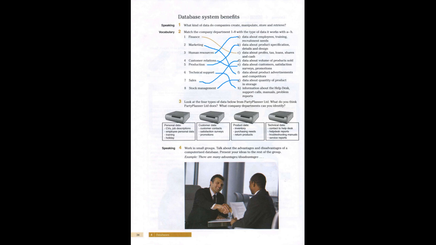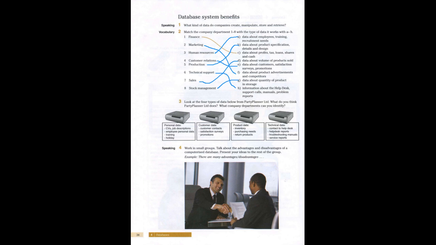Number 3, look at the 4 types of data below from Party Planner Ltd. What do you think Party Planner Ltd does? What company departments can you identify? So again, these are actually types of data here. Personal data, like CVs, job descriptions, employee personnel data, training, holiday.